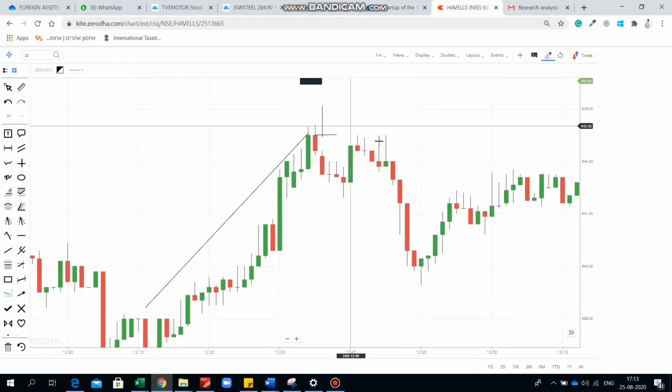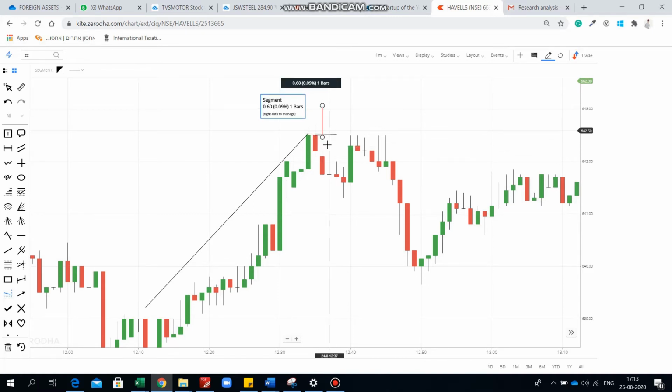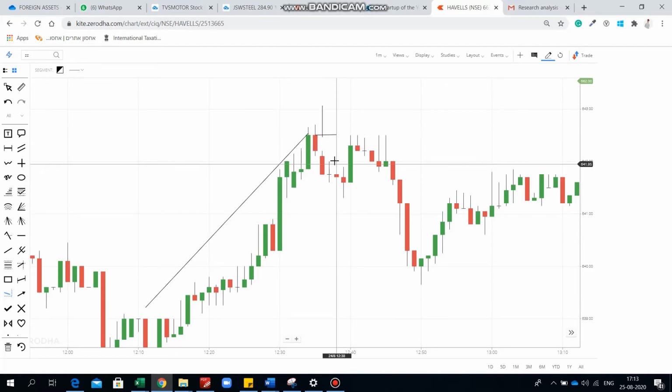And after this Gravestone Doji formed, if there is a candle which is closing below this level, then you can take the trade. Let's say the Doji is formed here and the candle has closed right here. You can take the trade at this point and make a good amount of profit. That's how you can trade using these two candlesticks, Gravestone Doji and Dragonfly Doji.